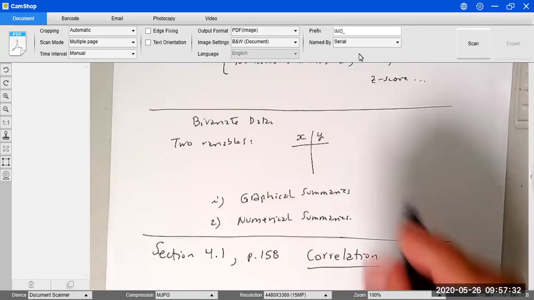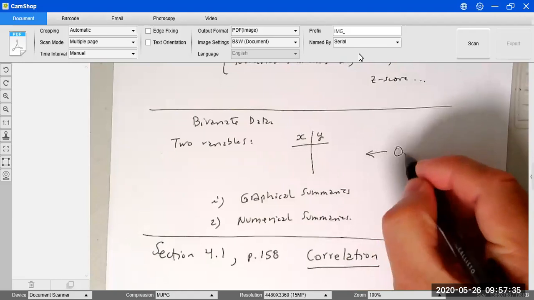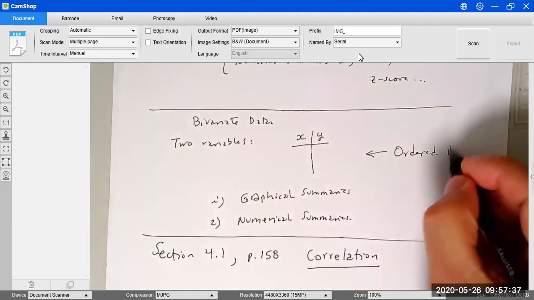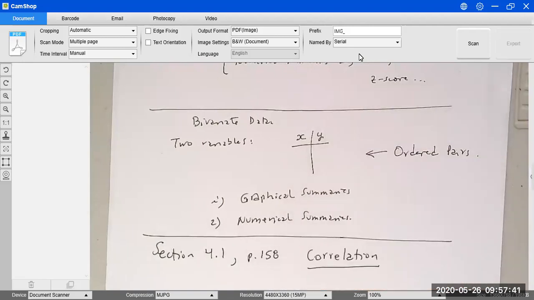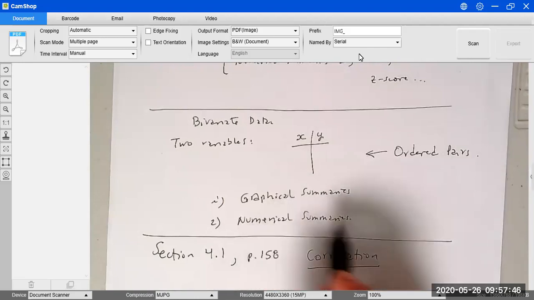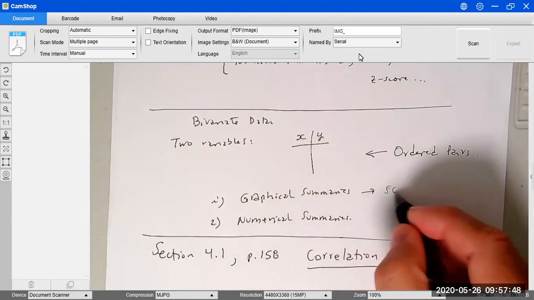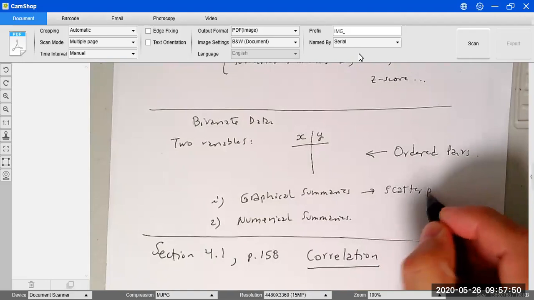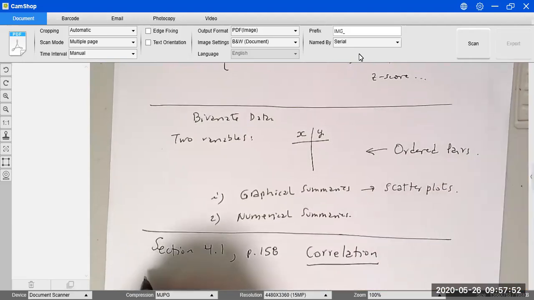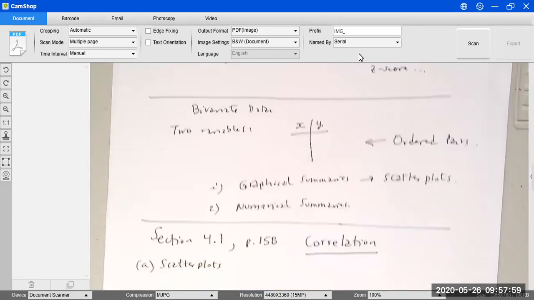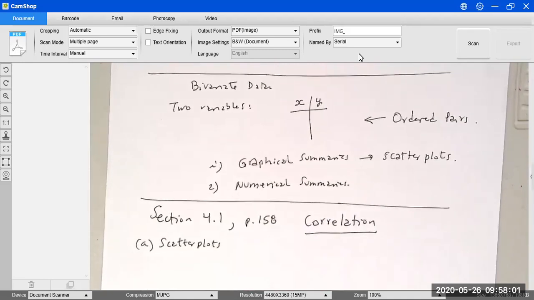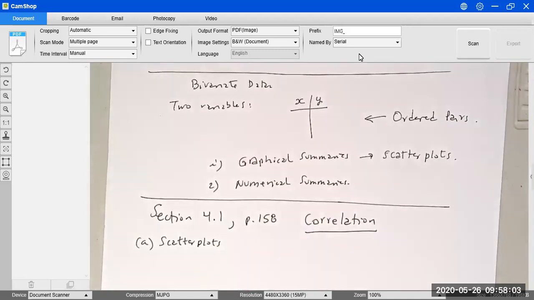So we have ordered pairs. So order matters. And for our graphical summaries, we're going to use scatter plots. The first thing that we're going to see is scatter plots, because they're going to give us a clue about whether the data values follow a linear pattern.